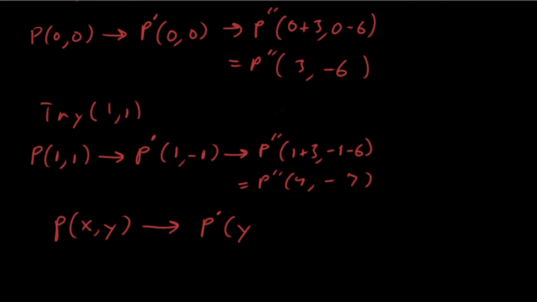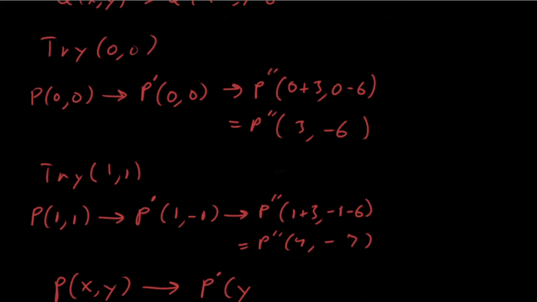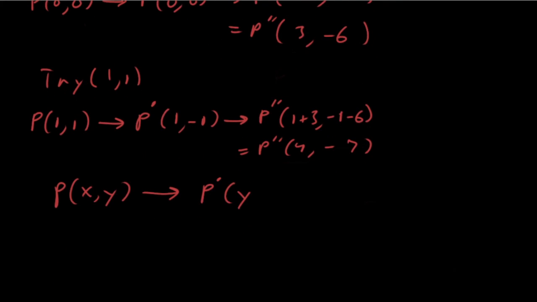And let's see what happens with the y. So with the y, 0, 0, it's y plus 3, right? So y plus 3. And then it's going to be negative 6 minus x. And you can verify doing a few more points. All right, good luck, you guys.